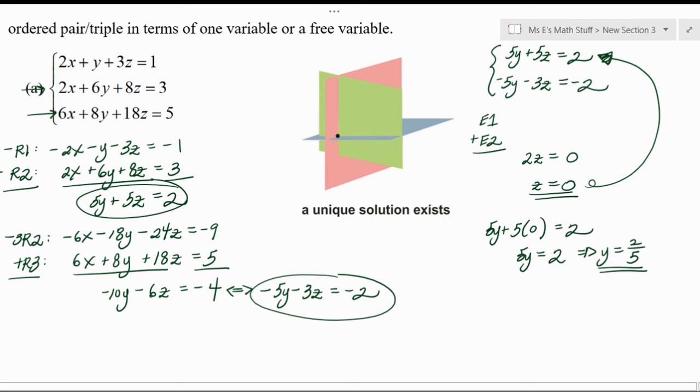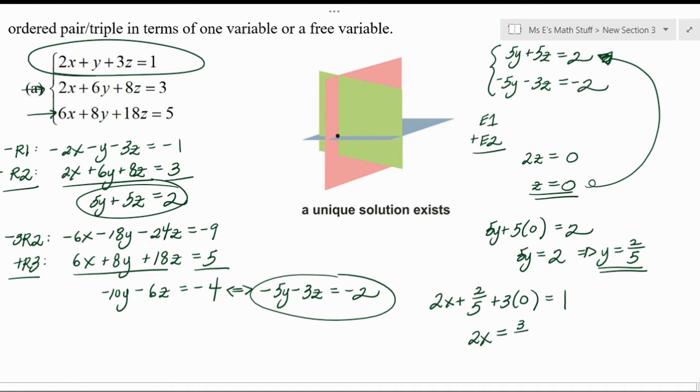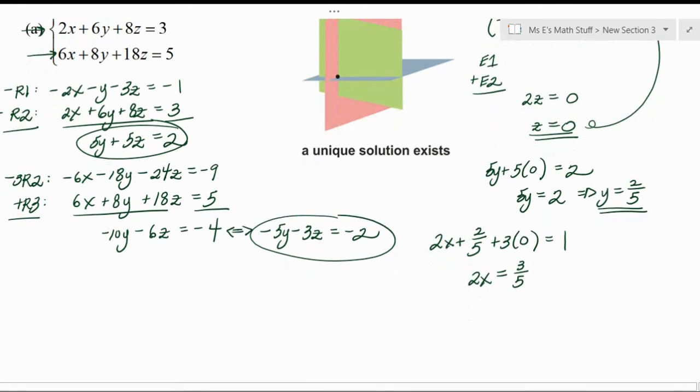Now let's back substitute these 2 values into one of the first 3 equations. It doesn't matter which one. I like row 1 because the numbers are smallest. So we'd have 2x plus y, which is 2/5, plus 3 times z, which is 0, and then just solve that. We'd have 2x. We could subtract that 2/5 over, and 1 is like 5/5, so we'd have 3/5.